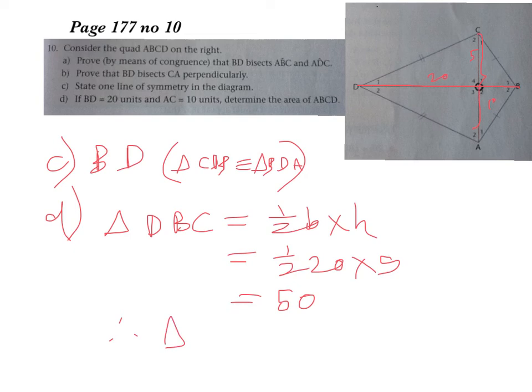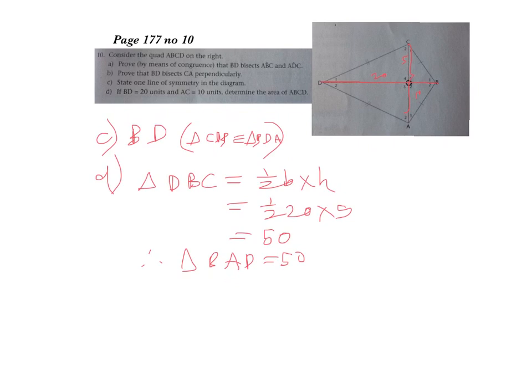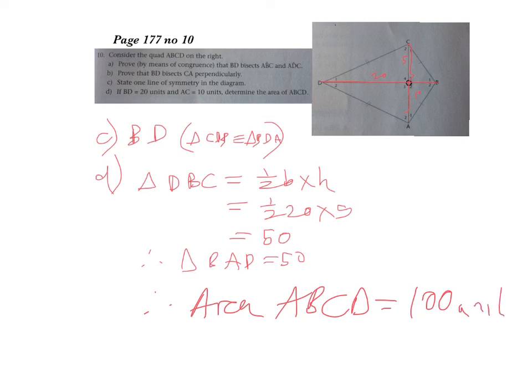Therefore, triangle BAD also equals 50, and therefore area ABCD equals 100 units. Done.